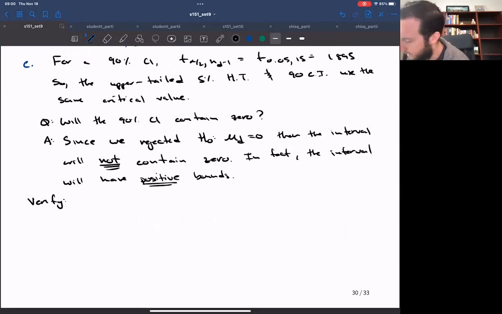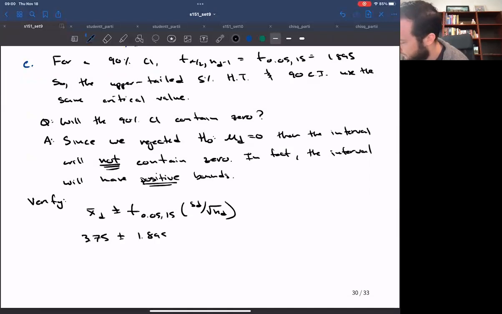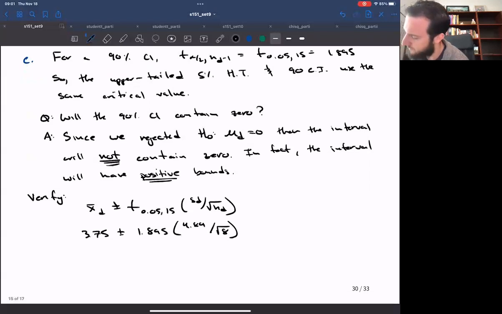simply by building the interval. So x bar d plus or minus t 0.05 on 15 multiplied by SD over the square root of ND. So we have 3.75 plus or minus 1.895 multiplied by 4.89 over the square root of 8.